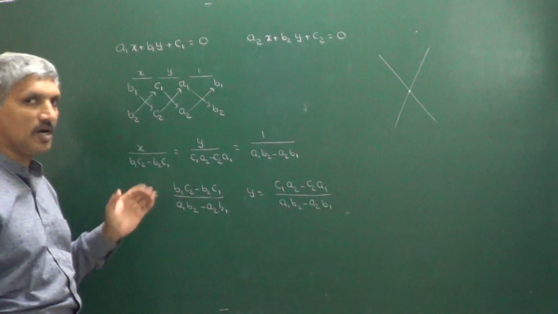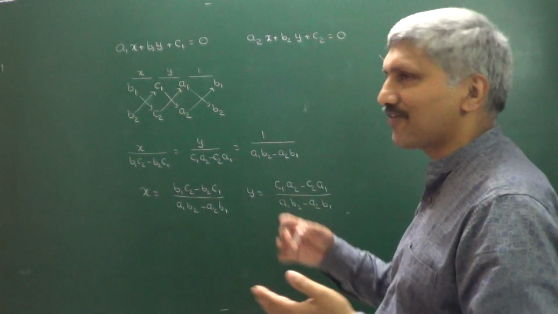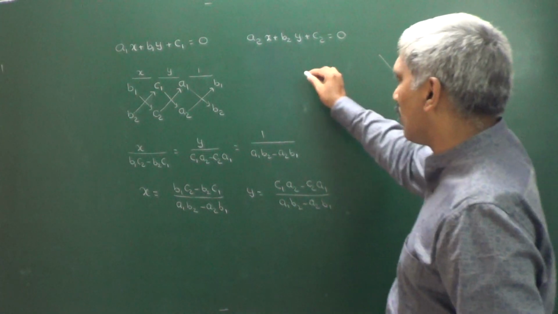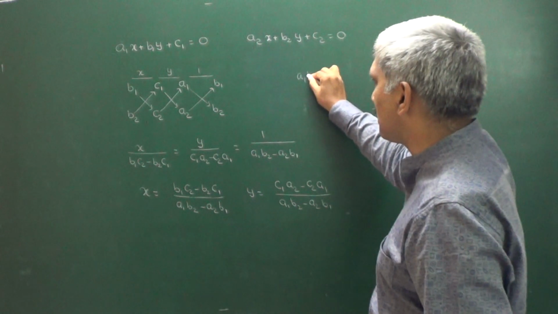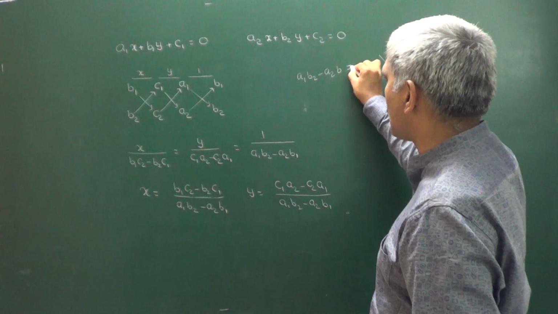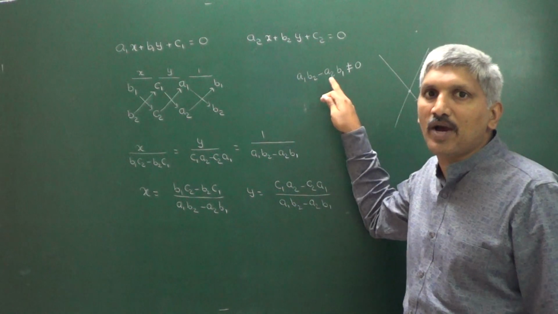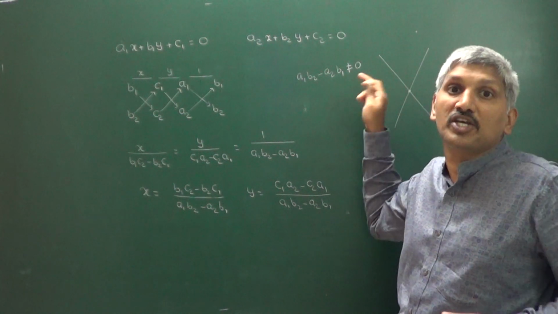So that is the point of intersection of two lines. This point of intersection is possible only when a1 b2 minus a2 b1 is not equal to 0.